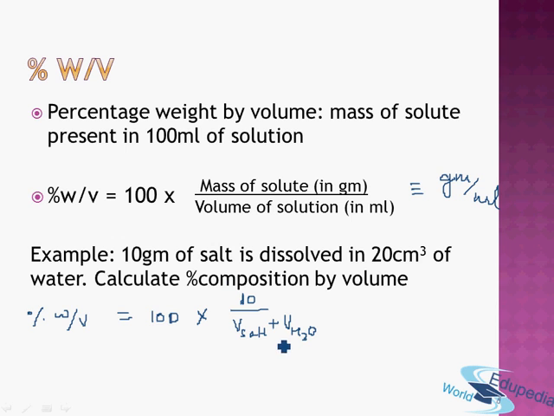So what do I do? Either I leave it here and say that there is insufficient information, or I be smart about it and make some assumptions. I approximate the answer. How do I approximate? Well, salt is a solid and water is a liquid, so solids usually have much less volume than liquids or gases.